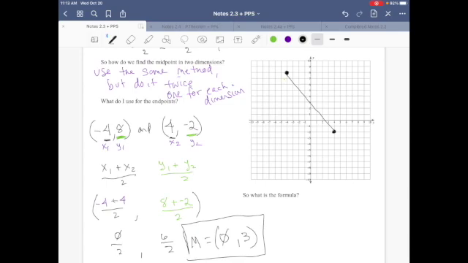So 0, 3 is right there, and that's our midpoint. And that looks about right. That should be about midway through. So the midpoint formula is this: x1 plus x2 divided by 2, then y1 plus y2 divided by 2. And that is the midpoint formula.